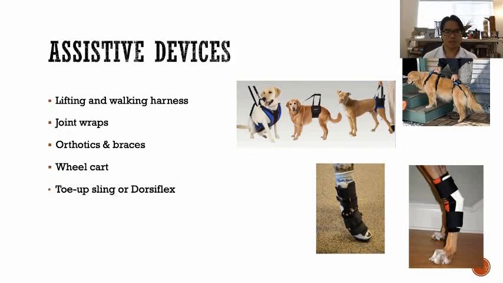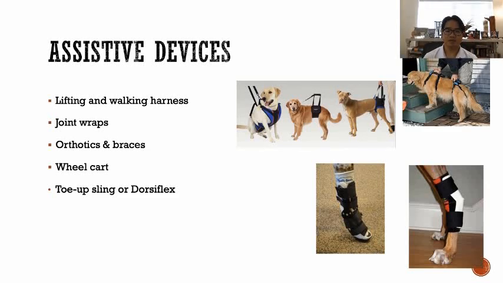Some patients may need an assistive device. For example, they may need a harness to lift them up or a sling to lift them up. They may require a joint wrap, just to help stabilize the joints when they're walking. For some cases, you probably would need to use orthotics or braces to get better stabilization. For patients that we know are not going to get back and walk again, you might consider getting a wheelchair or wheel cart.